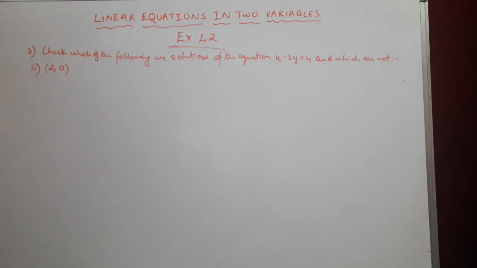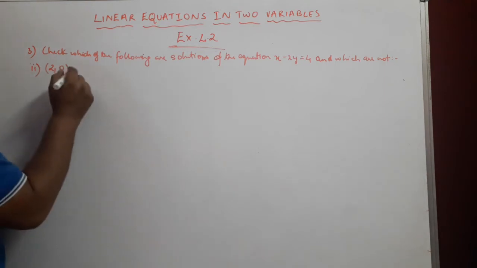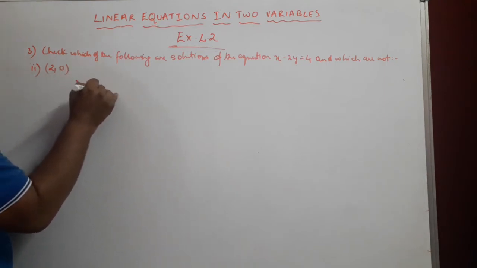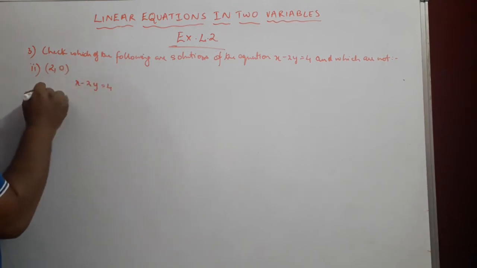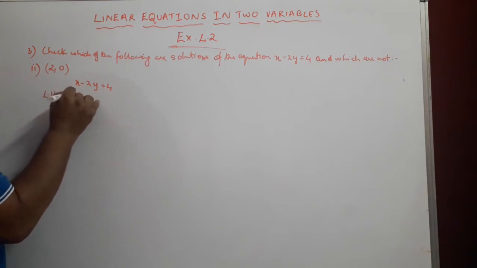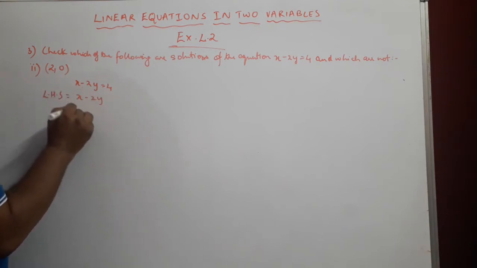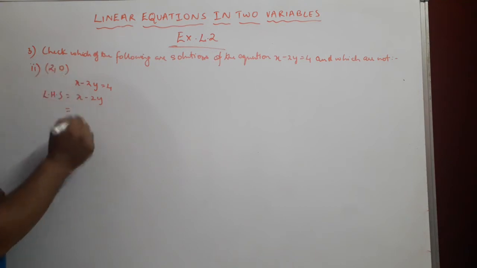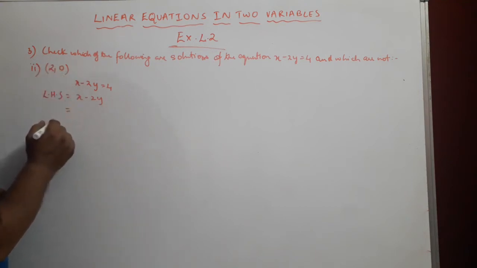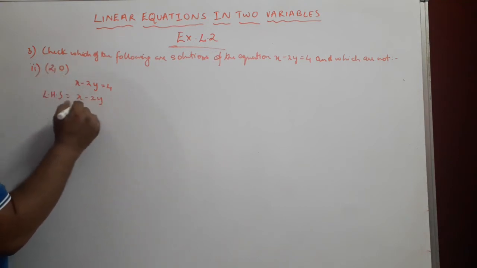We are given different coordinates this time and asked to check whether or not it is a solution of that particular equation. Once again, we write down the equation, which is x minus 2y equal to 4, and we take left hand side, which is x minus 2y, and substitute the values of x and y in this left hand side.